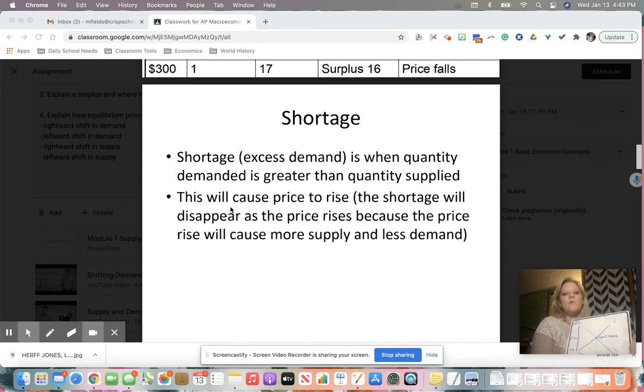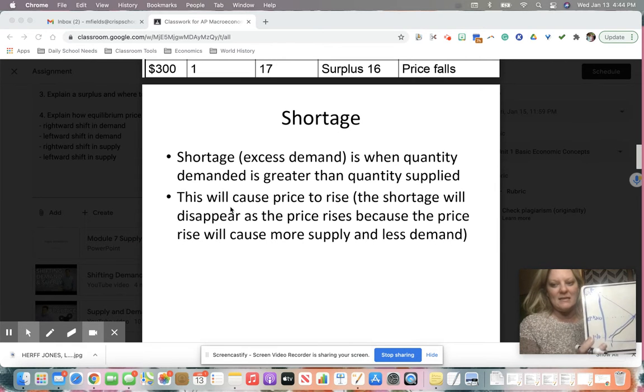So if we're looking for quantity demanded greater than quantity supplied on our graph here, if this in the center is equilibrium, then when we go to any price below $200, the quantity demanded increases greater than 9. And the quantity supplied decreases less than 9.